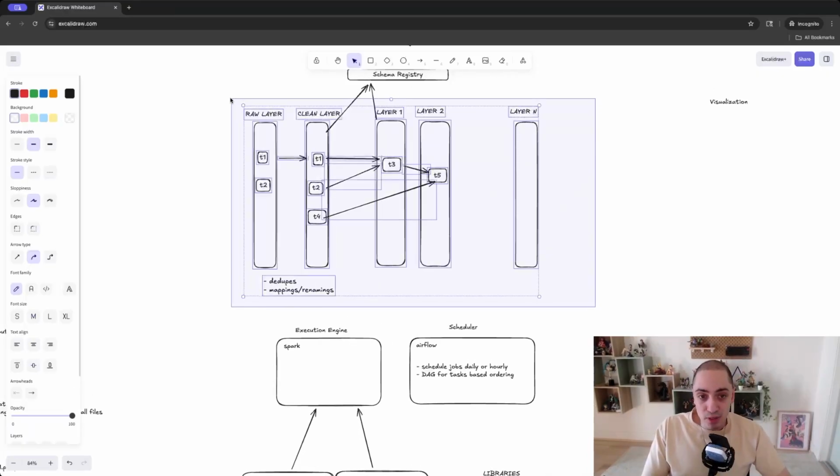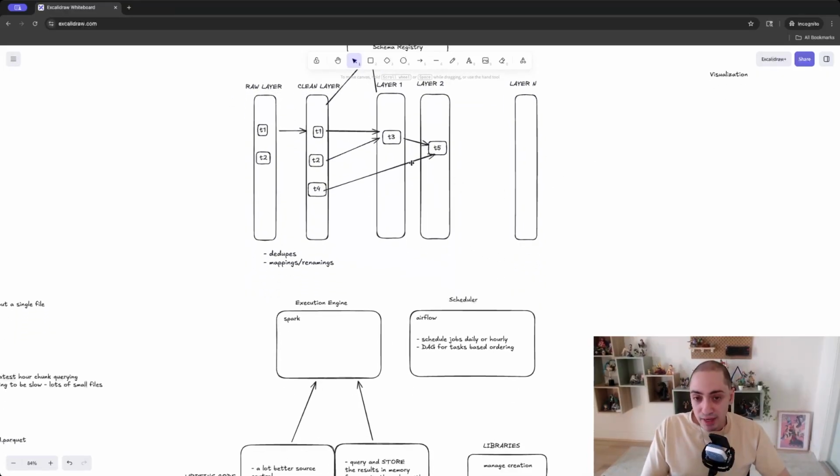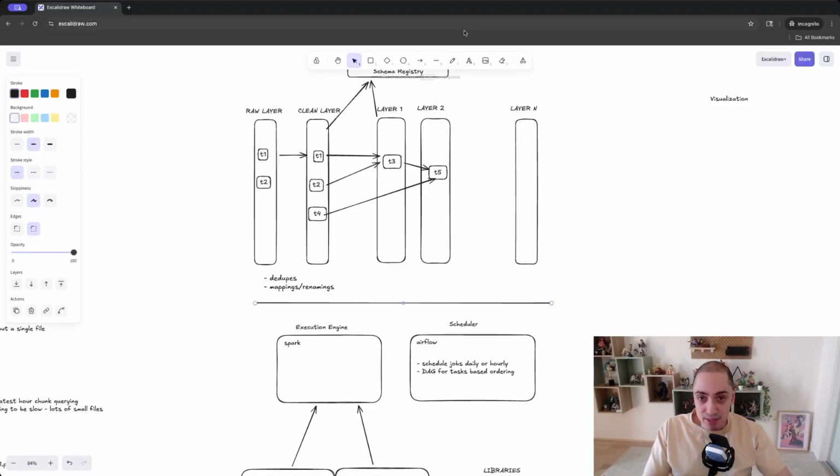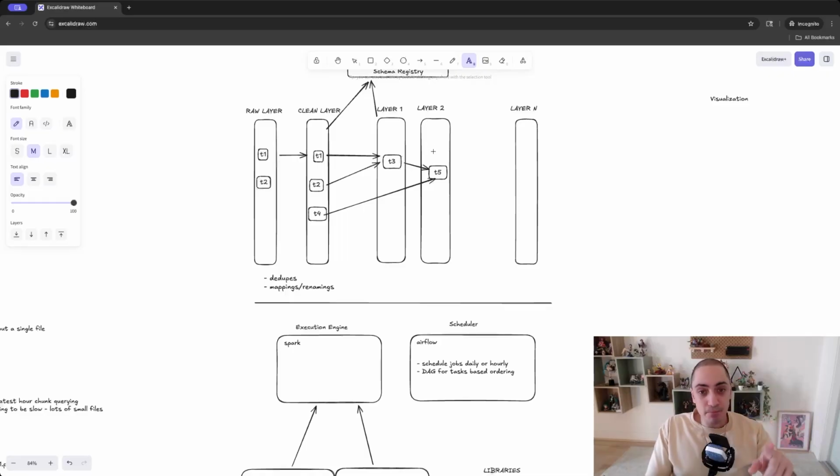But this is important because there could be a world where you end up with a swamp, where people are producing things and don't know where they came from originally. They have no discovery of these things, and bad things can happen. As an example, I remember a situation where there was a very important table at the end of the line, and nobody knew how it was created anymore.